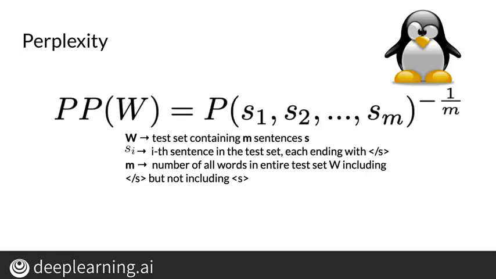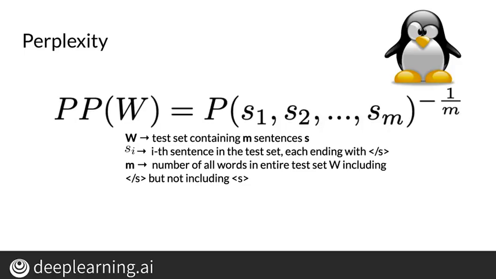Perplexity is a commonly used metric in language modeling. But what does it mean? If you're familiar with the word perplexed, you know that a person is perplexed when they are confused by something very complex. You could think of perplexity as a measure of the complexity in a sample of texts, like how complex that text is.